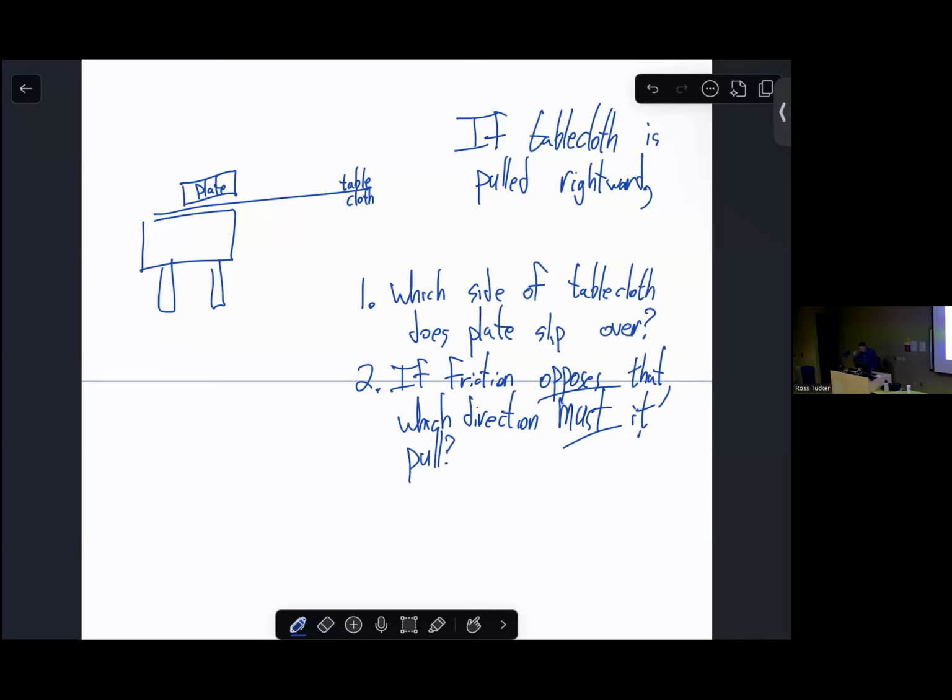Okay, and why don't you change Google Form J? You can edit response, J, submit. And if you change your mind, consider this: which side does it slip out? And then if friction is opposing that, question? Yeah, sure.